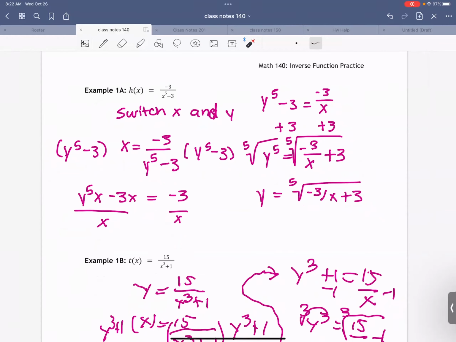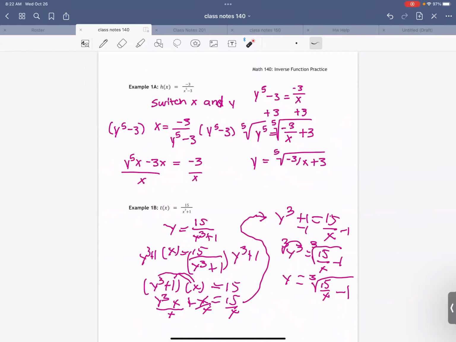Let's switch over to 1B. Will, do you want to take us through this one? I switched it. And then both sides by y plus 1. That led to y cubed plus 4.